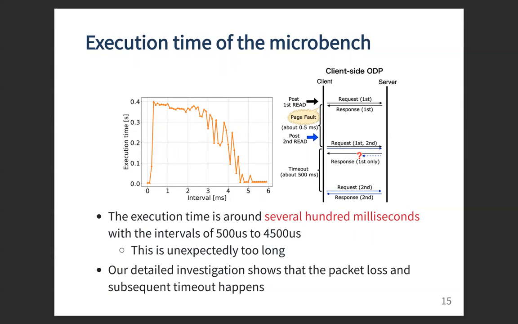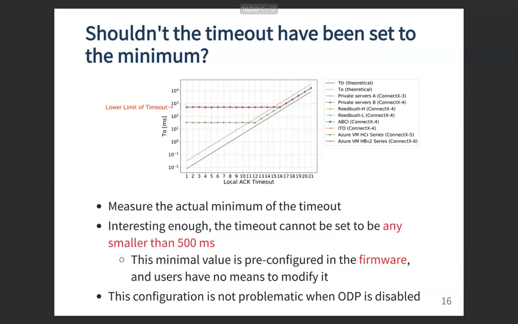After our detailed investigation, we found that packet loss and a subsequent timeout happened in this situation. And we found the long execution time comes from the timeout. However, this is a weird phenomenon because we set the timeout to be minimal.